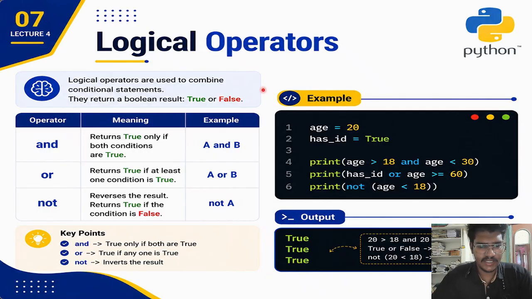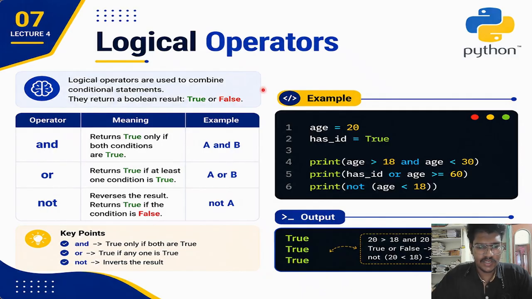This is a fascinating and important concept. Python uses a technique called short circuiting to optimize these operators. For AND, Python evaluates the left operand first. If the left operand is false, Python does not even bother evaluating the right operand.